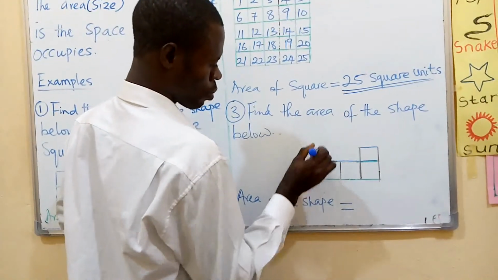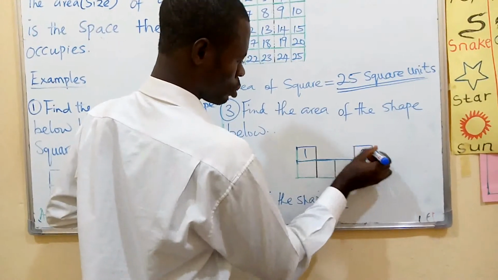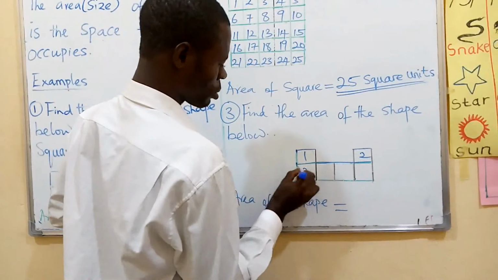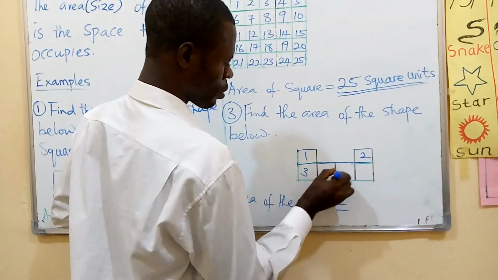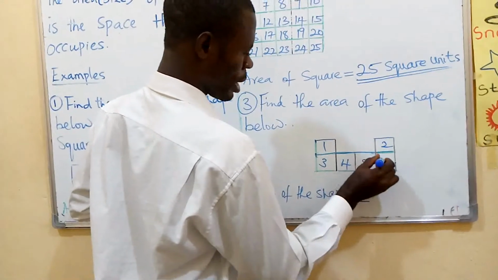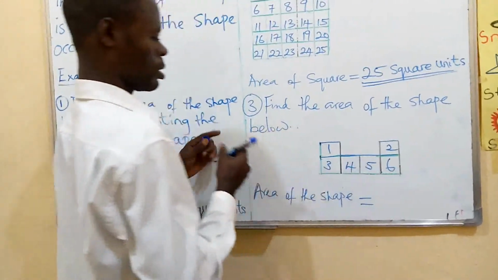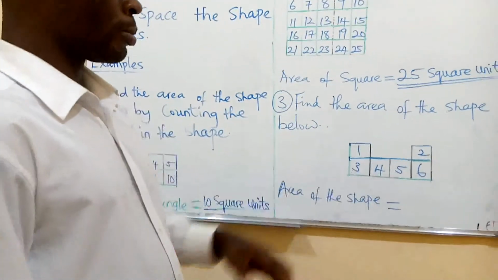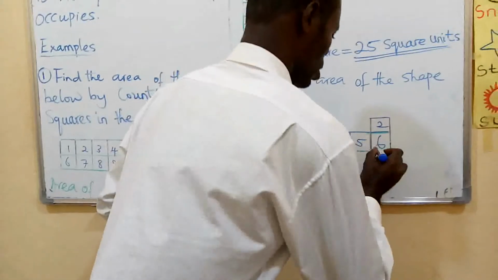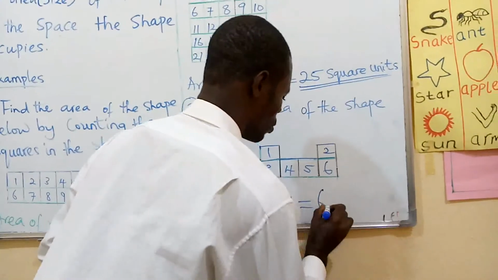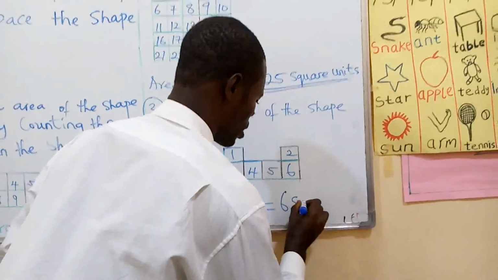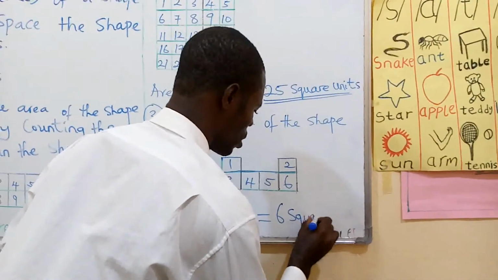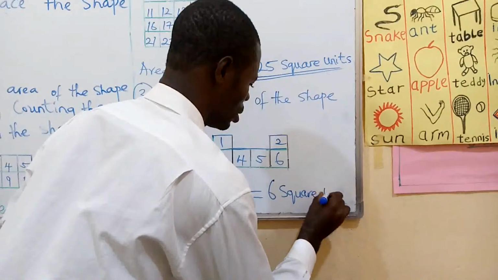This is what? 1, 2, 3, 4, 5, 6. So the area of this shape is equal to what? 6 square unit.